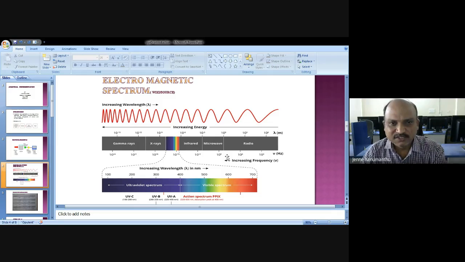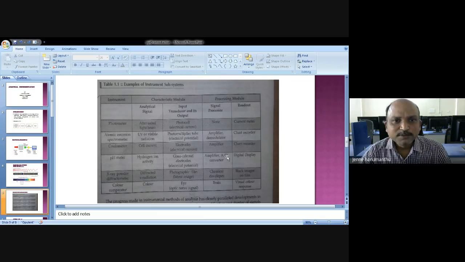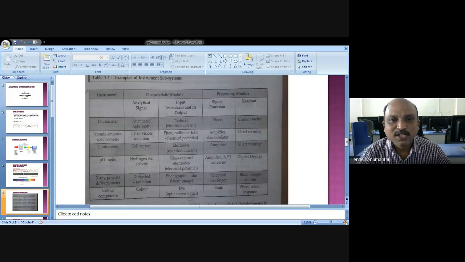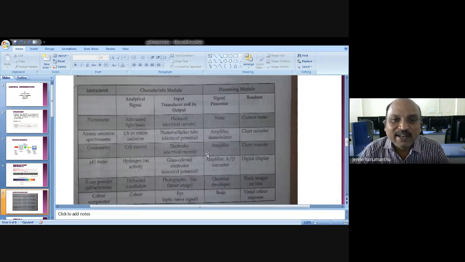That is your wish. And one more thing, we have different instrument subsystems so that we can analyze any sample in analytical instrumentation.